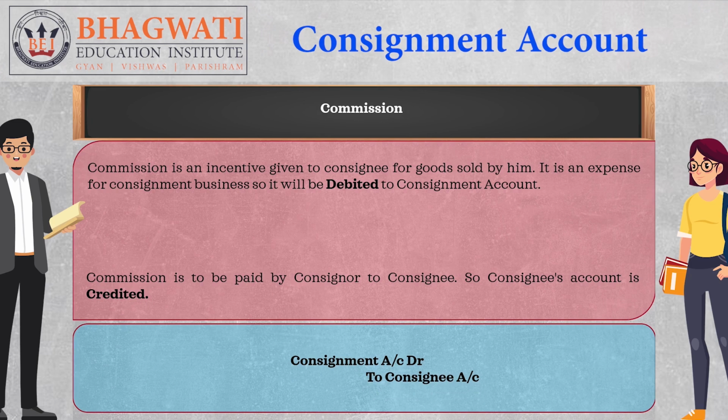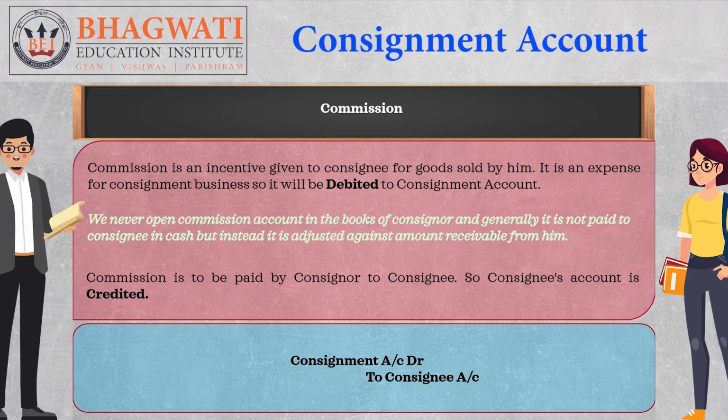Now here, one thing you should note is we never open a commission account in the books of the consignor. Why? See, if you have focused, unlike your trading and P&L, the normal business accounts, where we open all the accounts like freight or commission account or rent account.